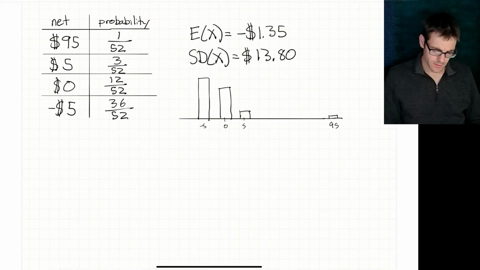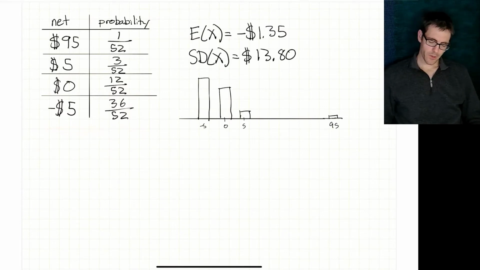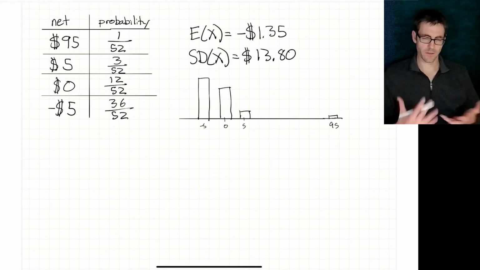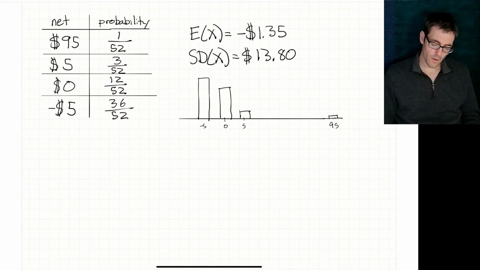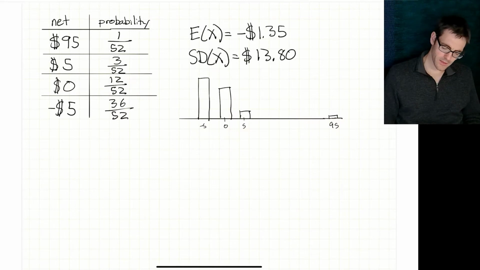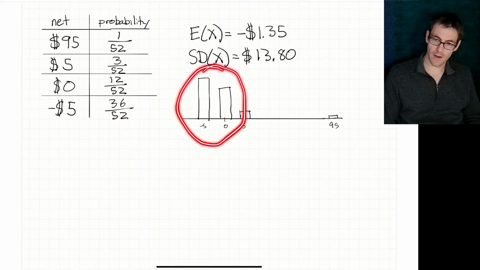All right, so with this example, we could also take all this information and put it into a histogram, and then we can sort of visually see what the various outcomes are. This is just a rough sketch, but we can see that there is a very small chance that we get a very high payout, and most of the time we're going to be around here.